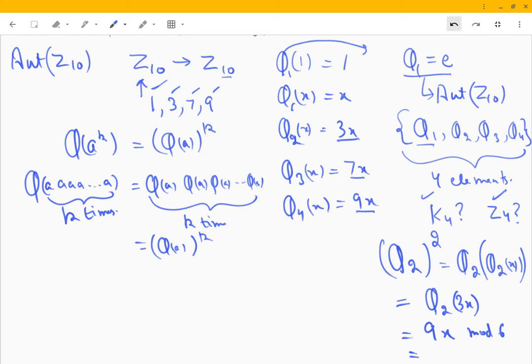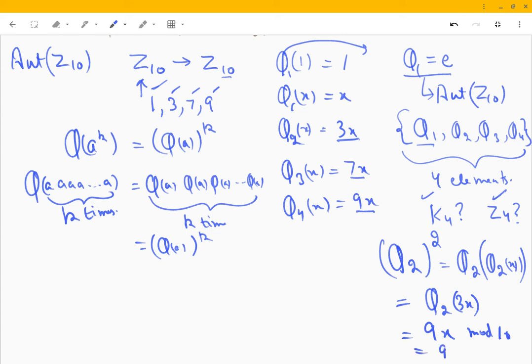No. See? Or is it right? No, I'm confused. And there should not be a confusion. But no, confusion is good to understand things. I think this is right. But what will happen next? 9x. So it mapped 1 to 9. And our group is, damn, it is Z10. I'm sorry, it's not 6, not 10, which is 9 itself.